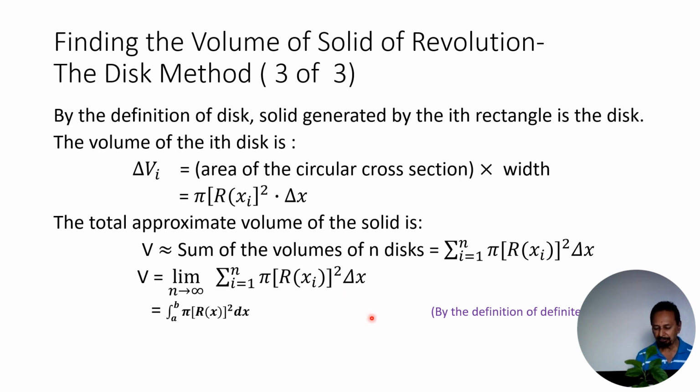By the definition of the definite integral, that equals the integral from a to b of pi times r of x squared dx. Remember, r is the height of the rectangle in the given region. This is the formula we can use to find the volume when we use the disk method.